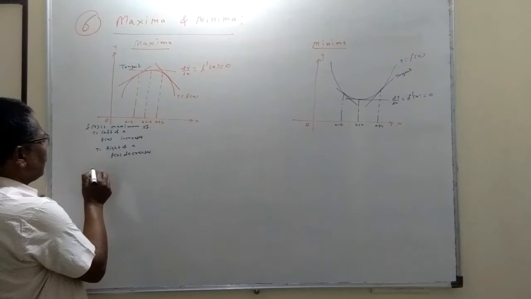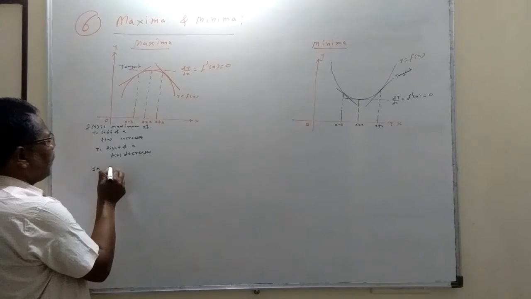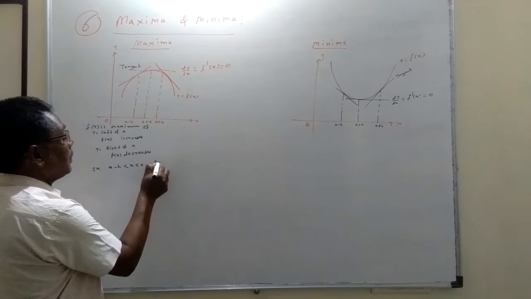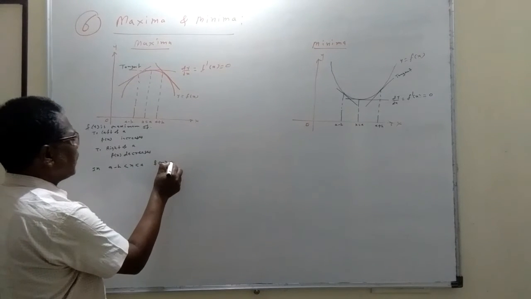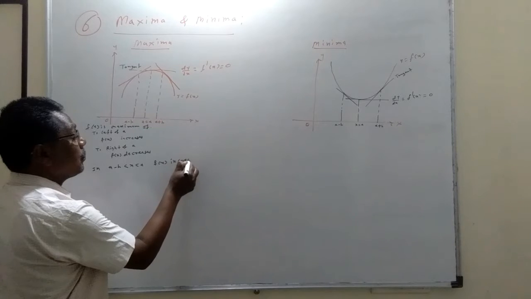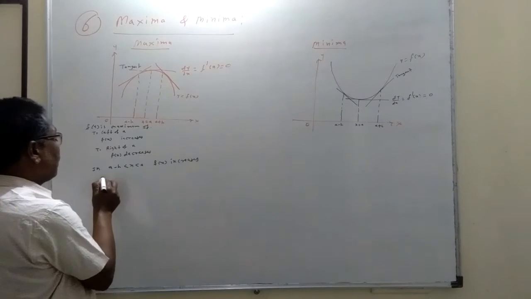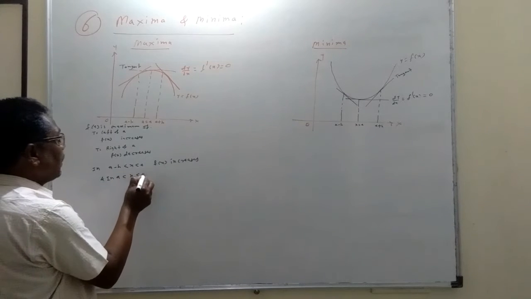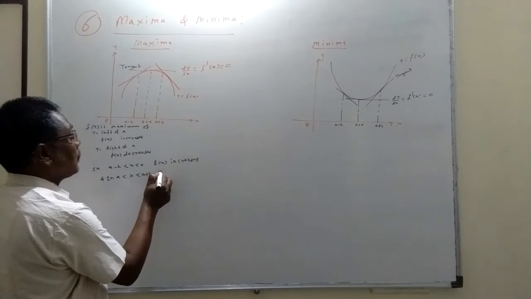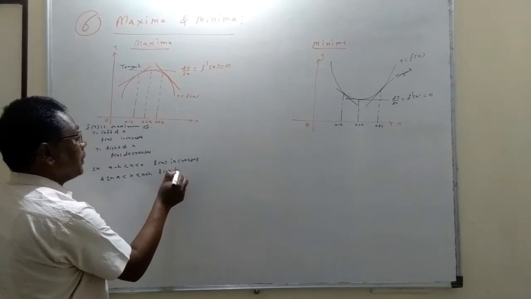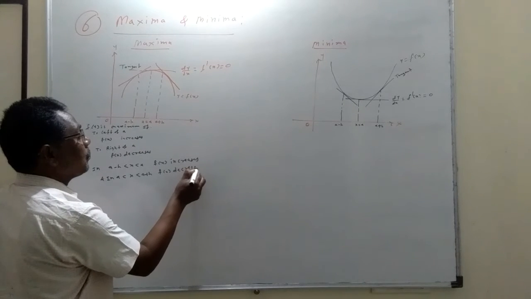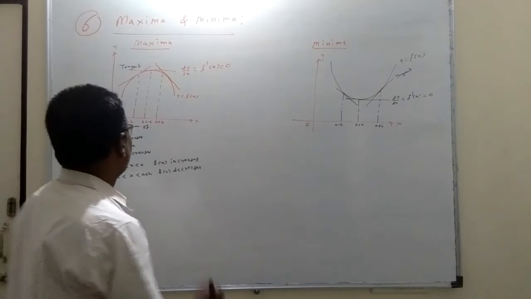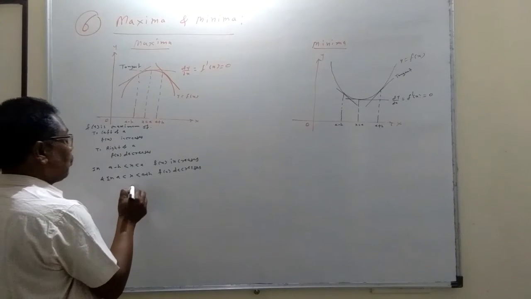Or we can say, in a minus h less than x less than a, f of x increases, and in a less than x less than a plus h, f of x decreases. h is a very small positive number.